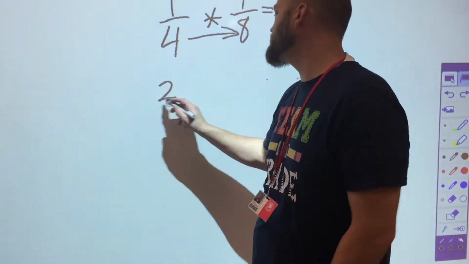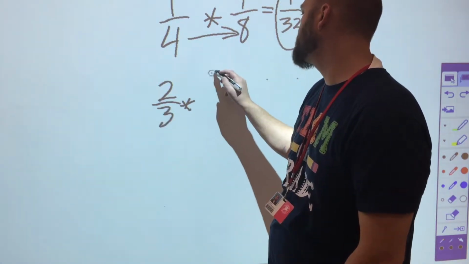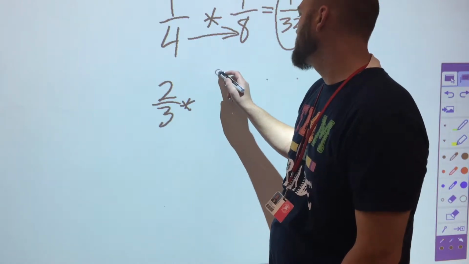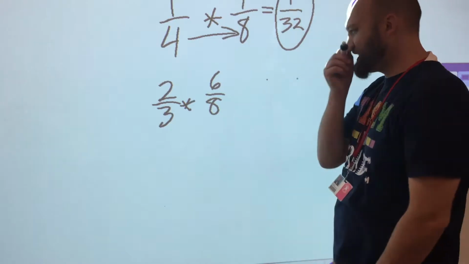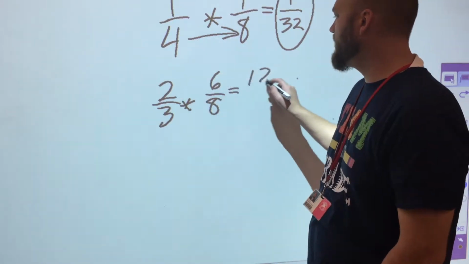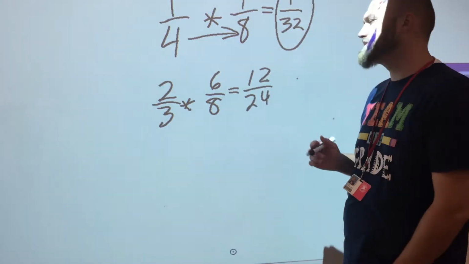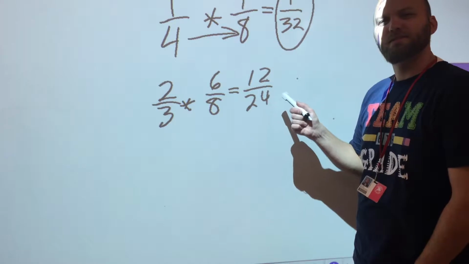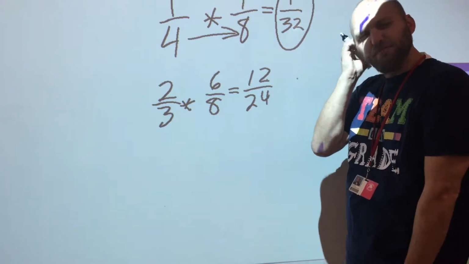So if I had something like 2/3 times 6/8, I would multiply straight across and I would get 12/24. That is a very interesting answer because I know they're both even. Should I simplify those?